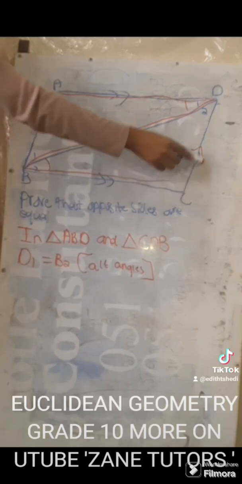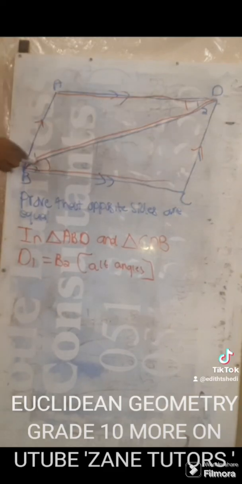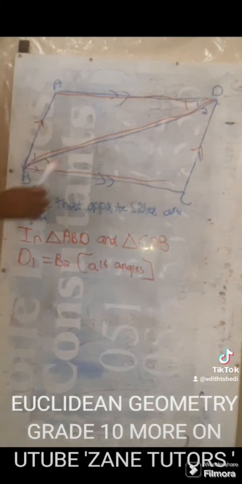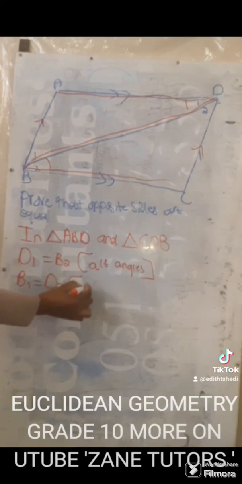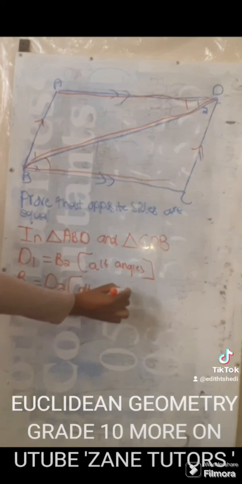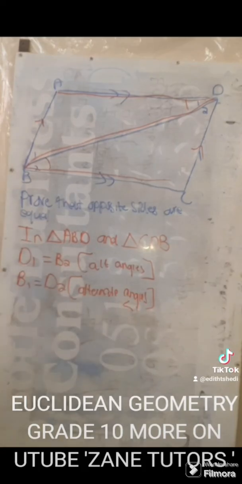When you go from here, you're going to find that D2 is also equal to B1. So B1 equals D2, and that is also alternating angles. You can also write angles like this. That means an angle.